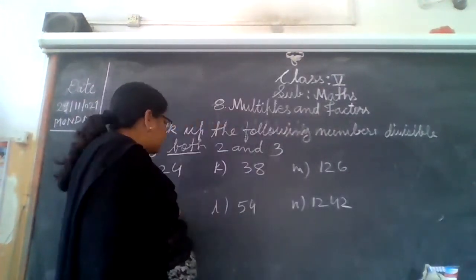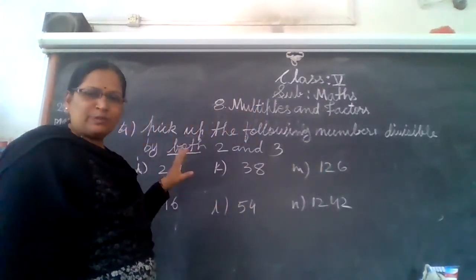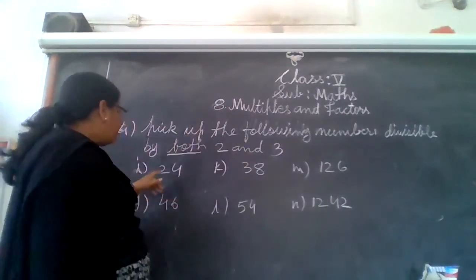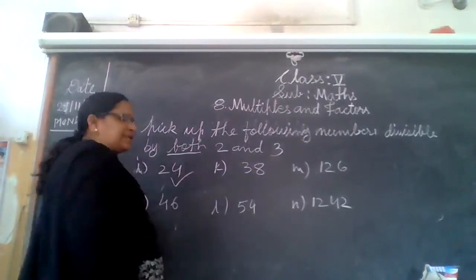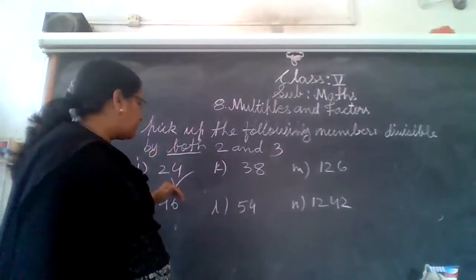So see children, 4, 6, 8, 4, 2 and 6. That means all are divisible by 2. Now let's see whether it is divisible by 3 or not. 4 plus 2, 6. Yes, it is a multiple of 3. So this number is divisible by 2 as well as 3.